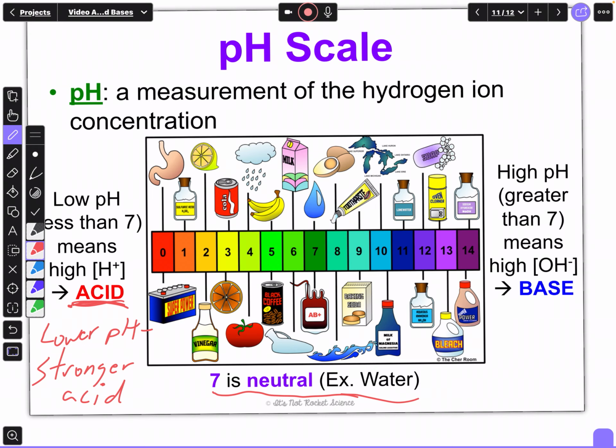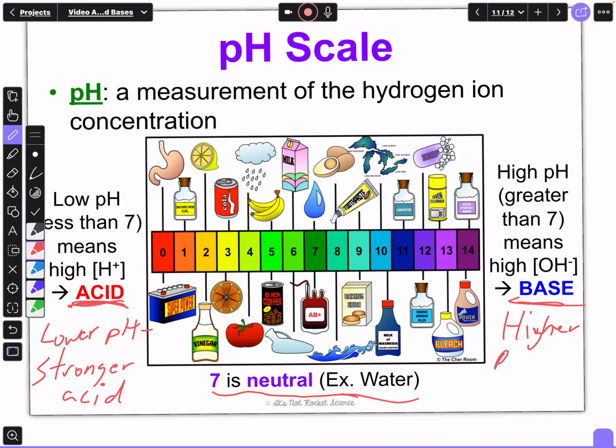And then your bases: a higher pH, greater than 7, means a higher OH concentration, and it's a base. The thing about it is, the lower the pH, the stronger the acid, the closer you get to 0, but the higher the pH means you have a stronger base. So it's right the opposite.